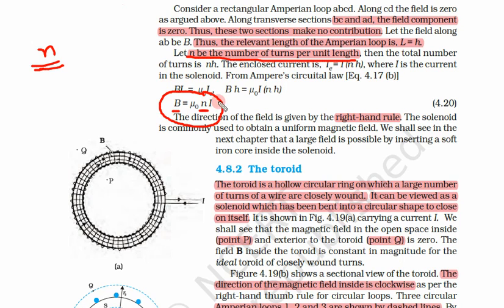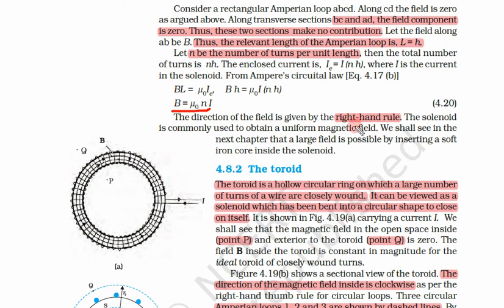So what can you do to increase the magnetic field? You cannot change mu naught, but you can change n and I. If the number of turns is very large, then the field inside the solenoid is also large. So if we closely wind the solenoid, we can get high magnetic fields.